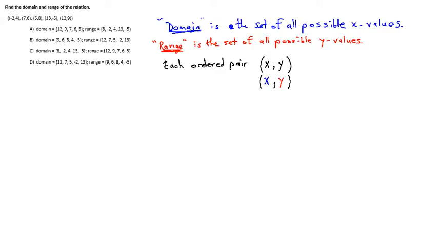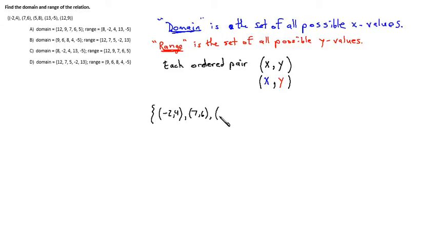So to help explain the problem, we're going to write out the set of ordered pairs as it was provided to us. So here are the ordered pairs, and the whole set. We have a set of -2, 4. Then the next ordered pair is 7, 6.